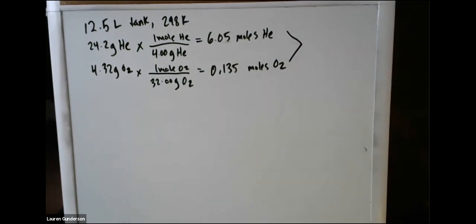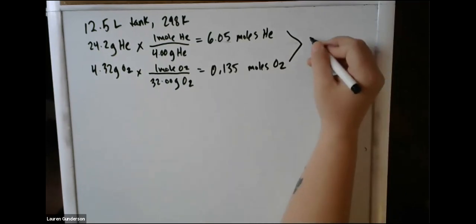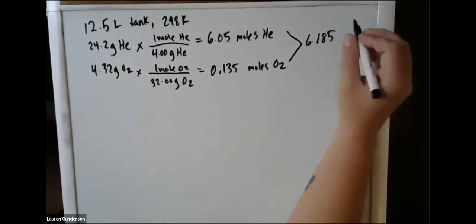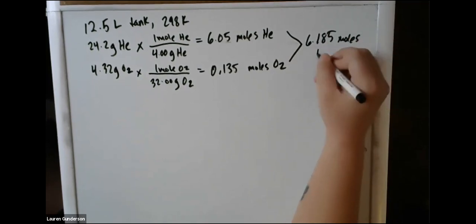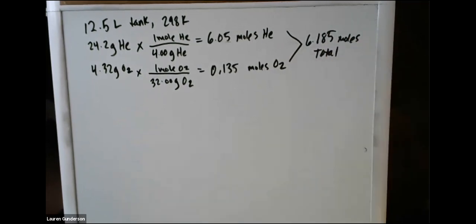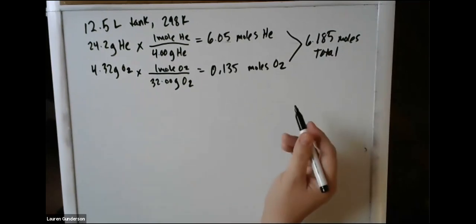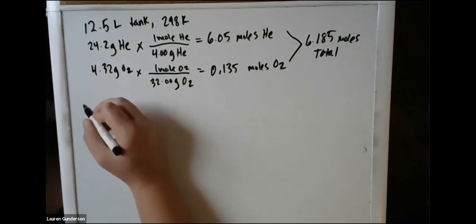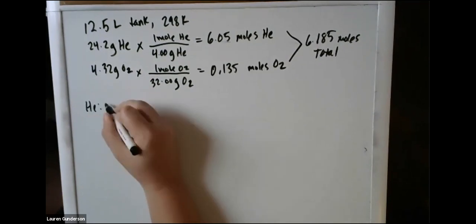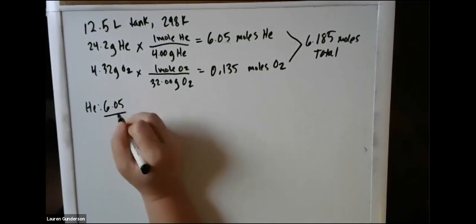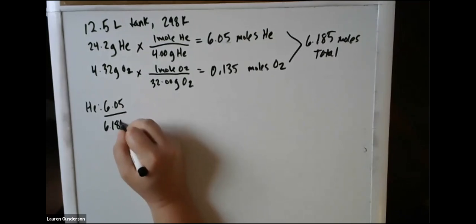Okay, so we can start by calculating the mole fraction. We can add these together to find the total number of moles that are present. That's 6.185 total. Okay, now we can find the mole fraction of each one. For helium, it'll be 6.05 divided by 6.185.